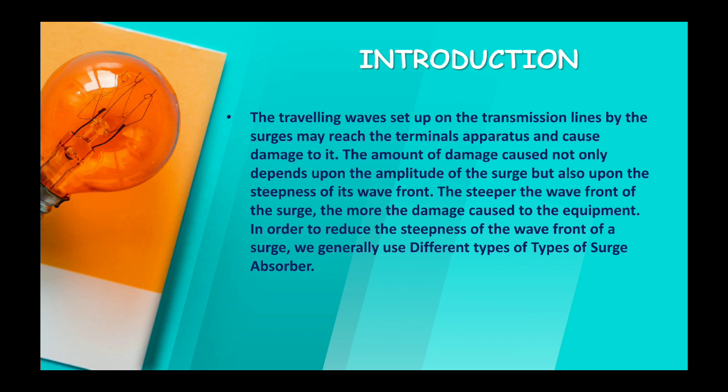The traveling waves set up on the transmission lines by the surges may reach the terminal apparatus and cause damage to it. These traveling waves are caused by lightning actually, and they damage the apparatus and other electrical devices which are connected to the transmission line.